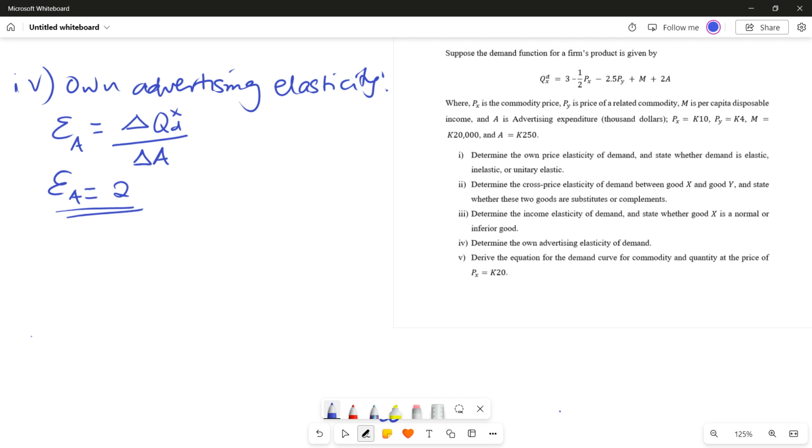Maybe you're using wrong methods of advertising for you to have such a case. But in this case, since the answer is positive, the recommendation will be that we continue advertising, because the more we advertise, the more our demand is increasing. People increase the demand due to our intensive adverts.